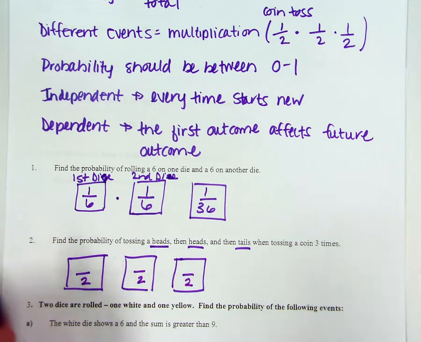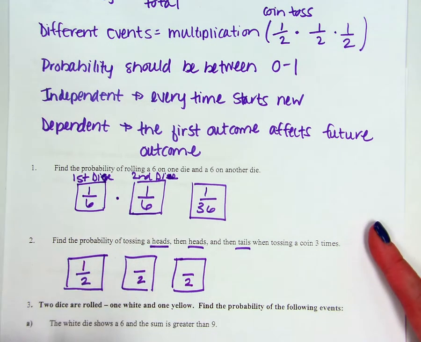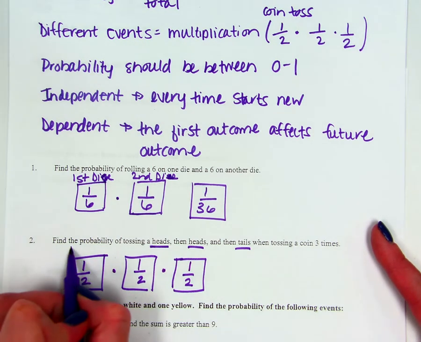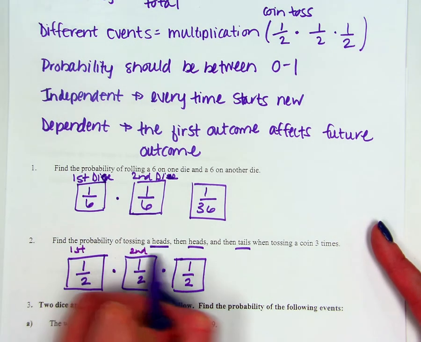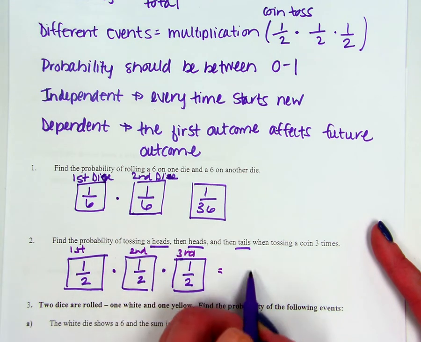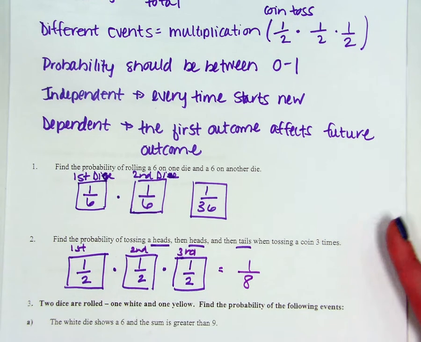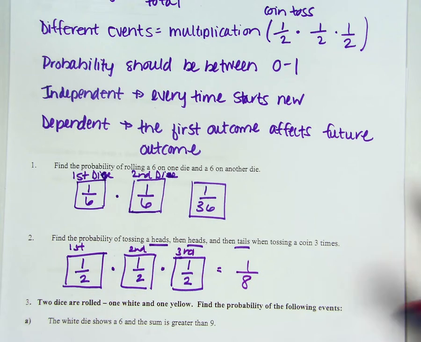The probability of heads the first time, and then again it's independent, so you're going to re-toss again. That's a 1, and then tails the last time. Just like what we did up in the practice problem, this is our first toss, this is our second toss, and here's our third right here. After you multiply those together, your probability is 1 over 8.